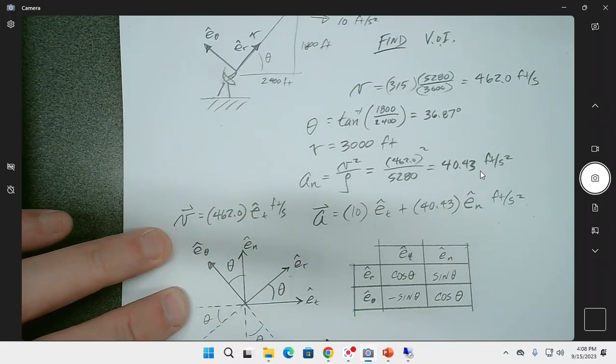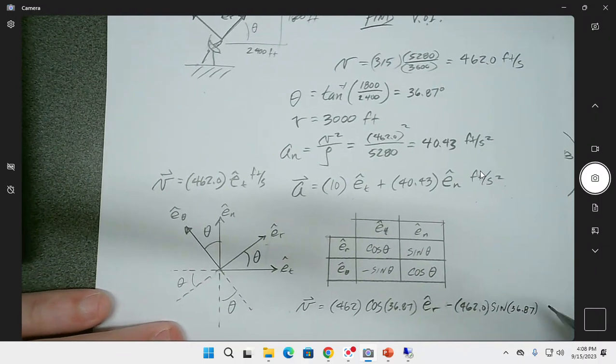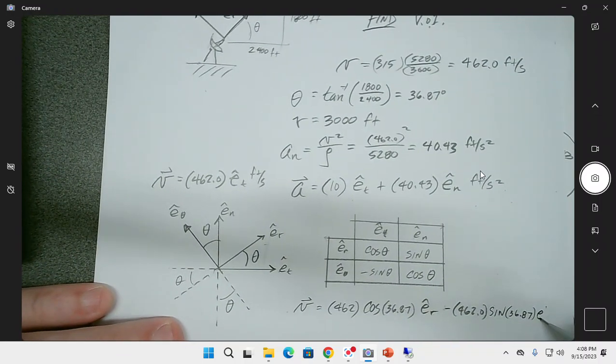So we'll say that it's going to be equal to 462 times cosine of 36.87 ER plus 462.0 times negative sine 36.87 E theta feet per second. I'll put the negative right here. Whoops, sorry.